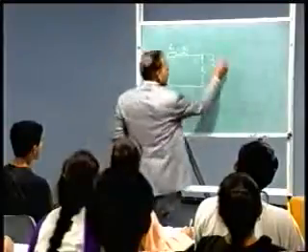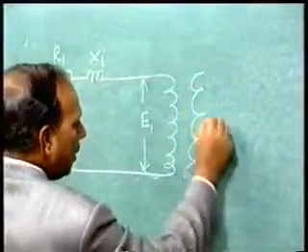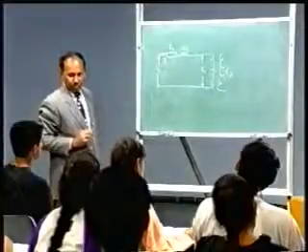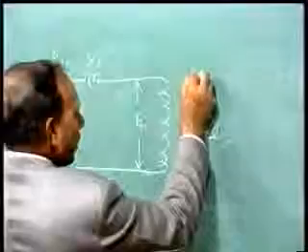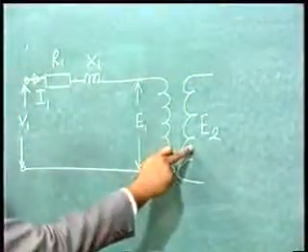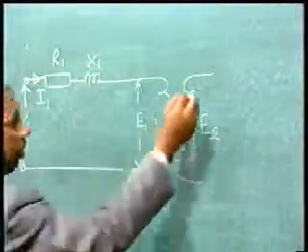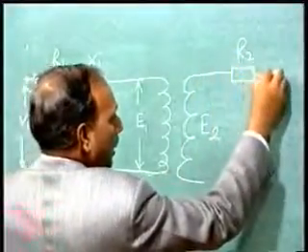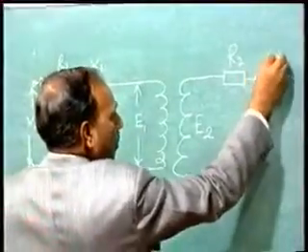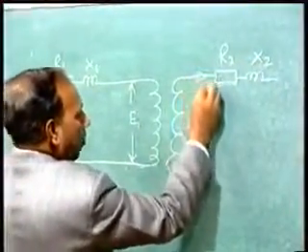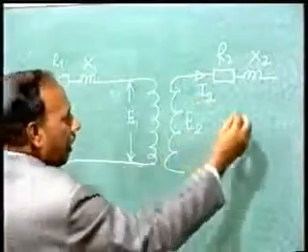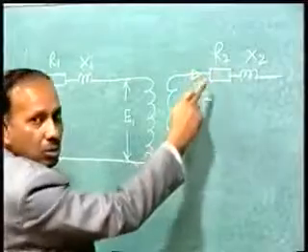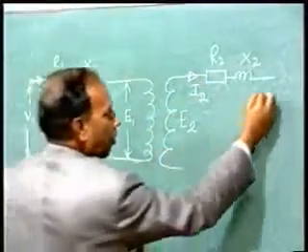On the secondary side, EMF induced is E2. We can show this E2. And this resistance and reactance of the secondary we take out. So we show resistance R2 and reactance X2, through which a current I2 flows, and E2 minus I2R2 minus jI2X2 is equal to V2.